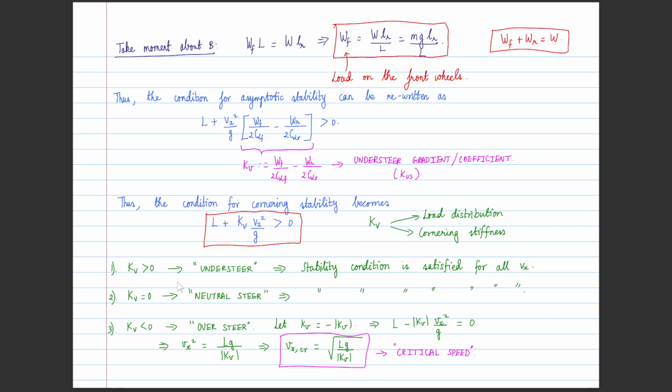If this Kv is positive, we call it understeer. This stability condition is satisfied for all values of vehicle speed. If Kv equals 0, we call it neutral steer and it's also stable. But if it is negative, then we call it an oversteer vehicle, and this is the critical speed which is defined.